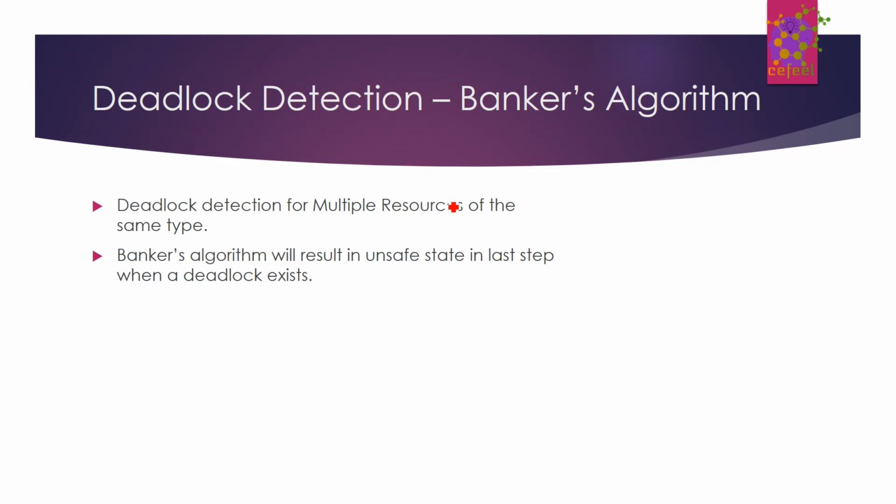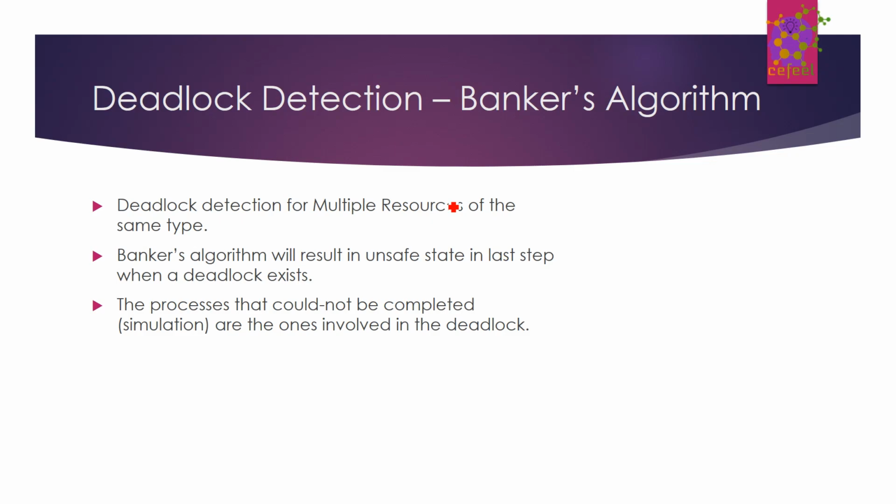In fact, if Banker's algorithm ends up in an unsafe state, which means there is a deadlock. So we can use the Banker's algorithm to detect deadlocks. And in fact, the processes that could not be completed in the last step are the ones which are involved in the deadlock.